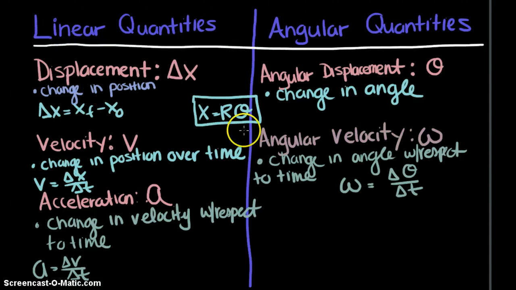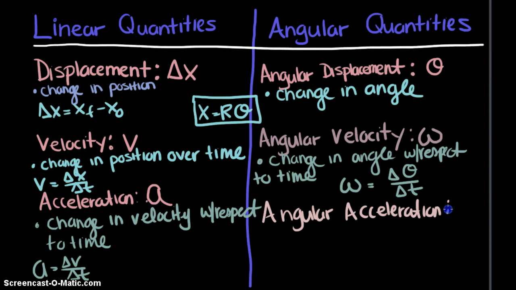We have a quantity called angular acceleration. And yes, of course, this one too has kind of this funny symbol with it. It's an alpha symbol, so we draw that like that, so that alpha symbol is your angular acceleration. And this is a change in angular velocity with respect to time.